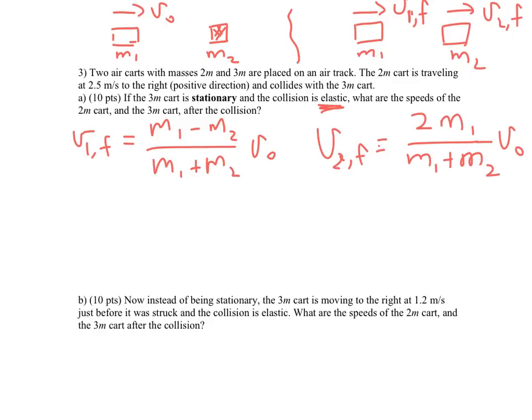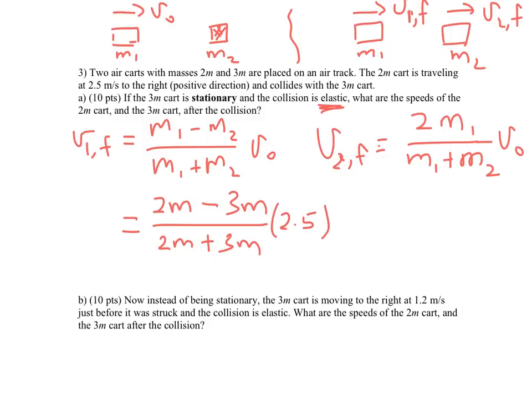So if you read the problem, you'll find that m1, which is the first cart that is moving, has mass 2m. m2, which is the stationary cart, has mass 3m. And then you have 2m plus 3m, and v0, you're told, is 2.5 meters per second.